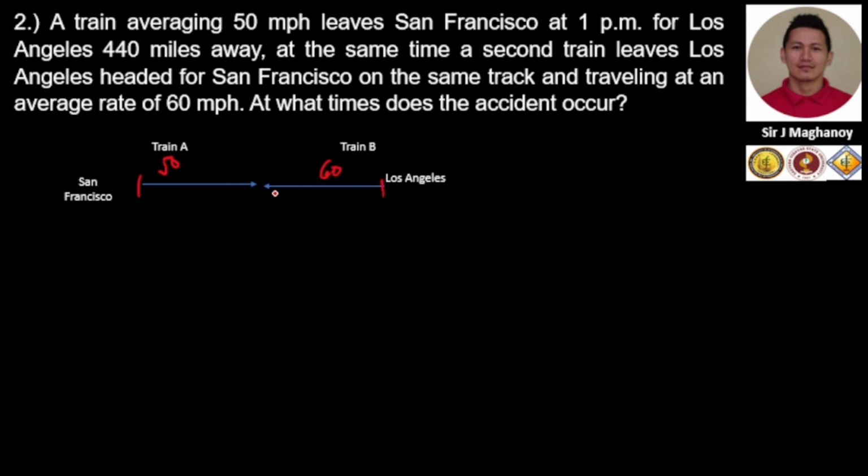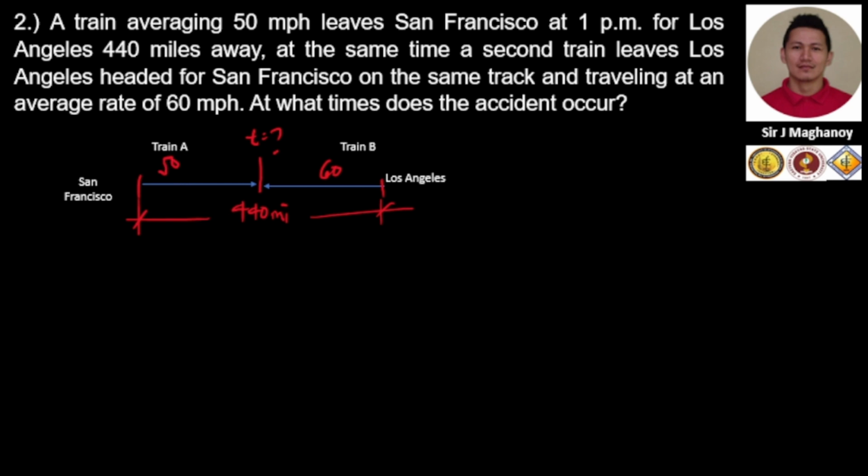So the total distance is 440 miles. The question is, what time does the accident occur? The distance is given, and the rates of both trains A and B are given also.